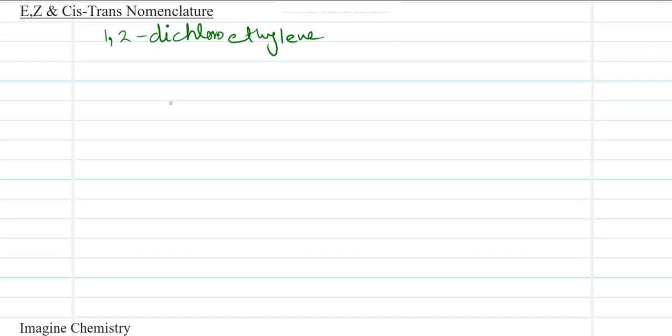So what is ethylene? It is ethene, we can say as well. So 1,2-dichloro means that each of the two carbons has one chlorine attached to it. So similarly two cases can occur.